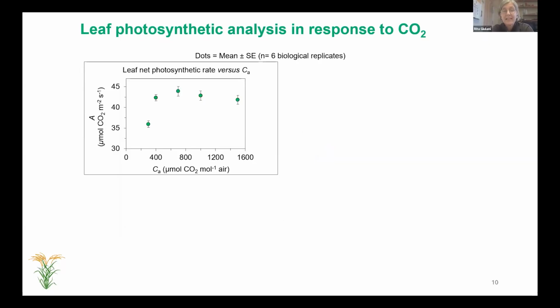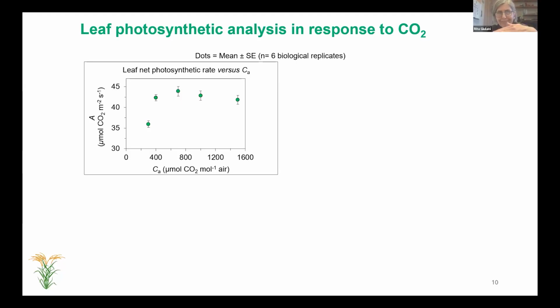We analyzed the leaf photosynthesis in response to CO2. We have here the response of the leaf net photosynthetic rate to levels of atmospheric CO2 concentration from 300 to 1500 in molar fraction.